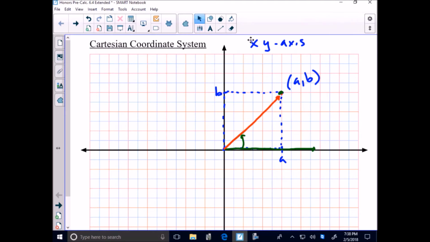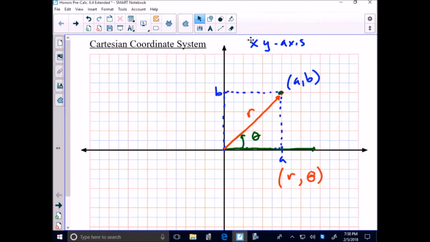We call, of course, that rotation some angle theta, and we're saying that the direct distance is going to be a length which we define as r. And the polar coordinates are going to be (r, theta).